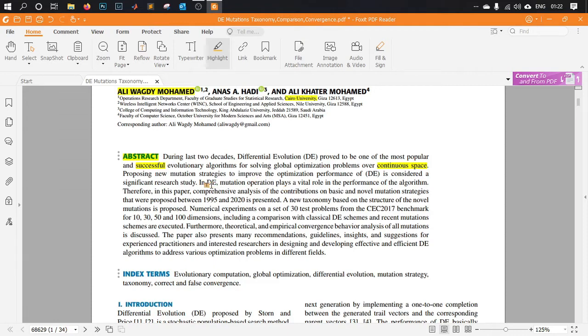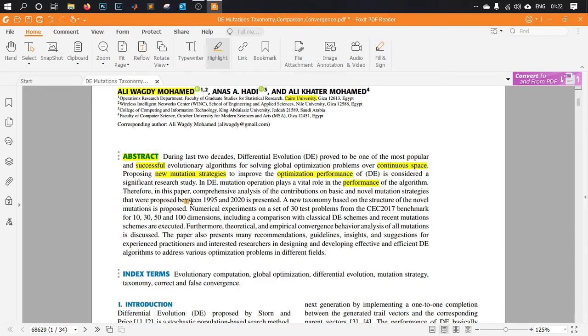Okay. So here they are talking about new mutation strategies to improve the optimization performance of differential evolution. In DE, mutation operation plays a vital role in performance of the algorithm. Okay, so here they are saying that it is an important factor in the performance.